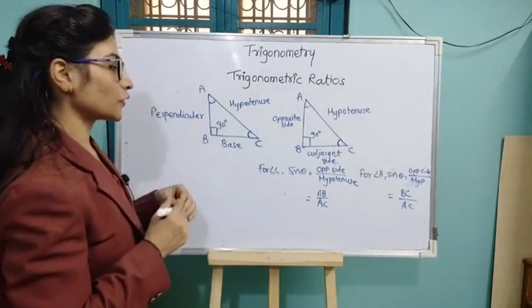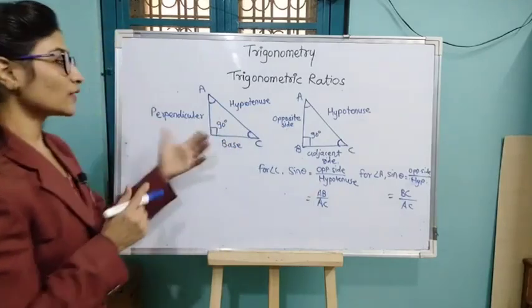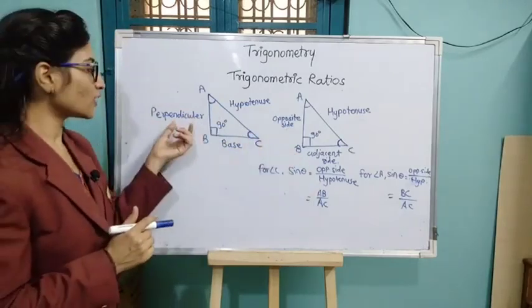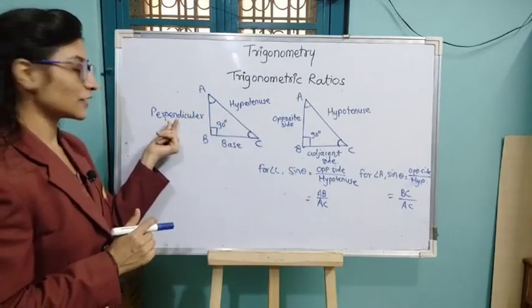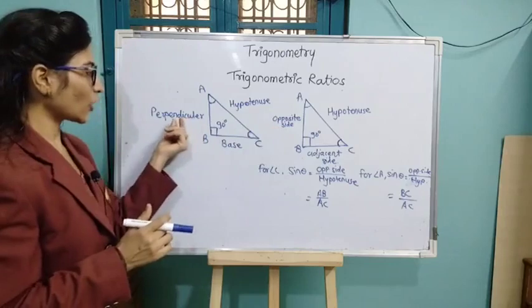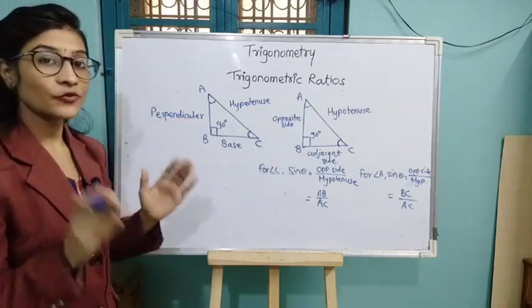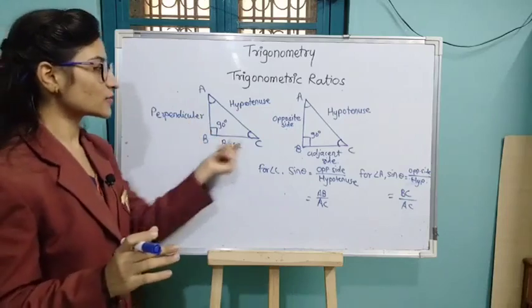Similarly, for this figure also we can find out the sine ratios for angle C and angle A. The meaning of both is the same but the terms are different. According to your book, you can use perpendicular instead of opposite side, and base instead of adjacent side. Both are the same; the ratio will not change, just the terms are different.